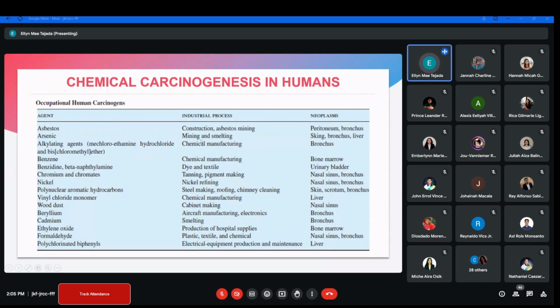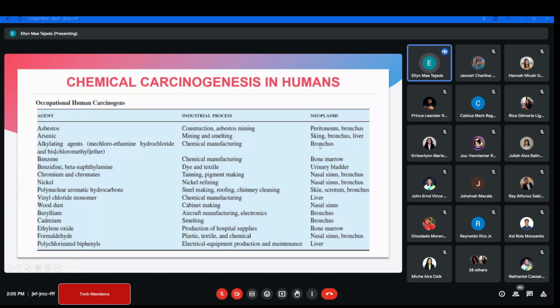Arsenic is still being used, I hope not drastically, but cautiously. Even for those people in manufacturing firms and in the laboratories, they are still exposed to certain chemicals. So you need to be vigilant. So these are the possible neoplasms or origins that can be affected.